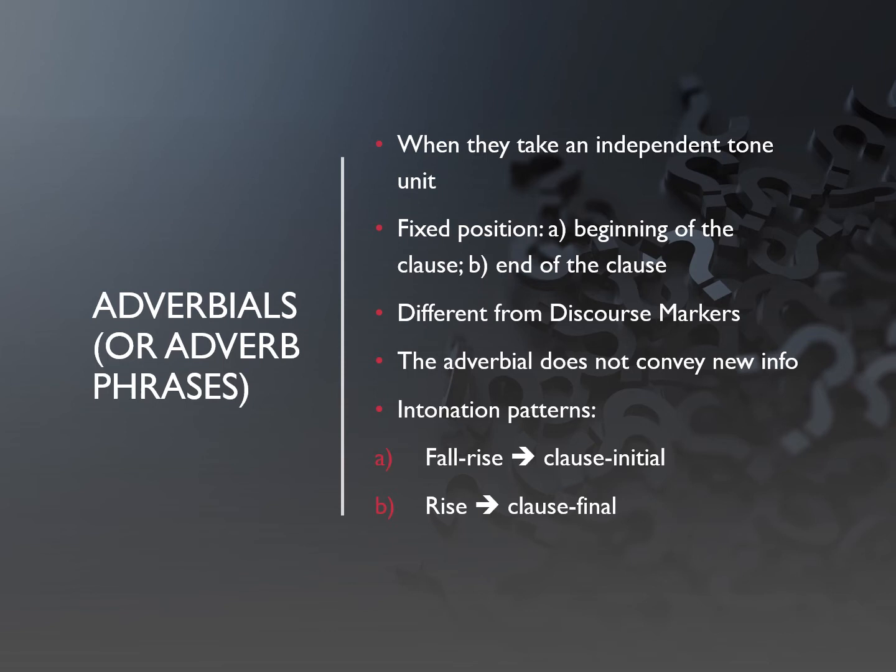The intonation pattern will prototypically depend on whether the adverbial is a phrase or close initial or final element. At the beginning, the preferred tone pattern is the fall rise, and those in final position will generally carry a rise tone. In both cases, the temporal or locative information in the adverbial is shared or understood by the speaker.